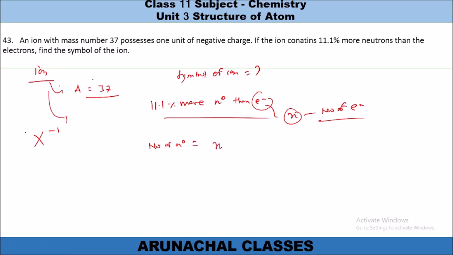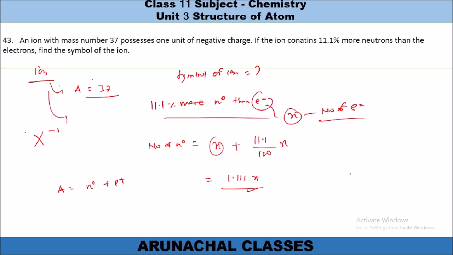So the number of neutrons is x plus 11.1 upon 100 of x, which is 1.111x. Now, the mass number is equal to the number of neutrons plus the number of protons.